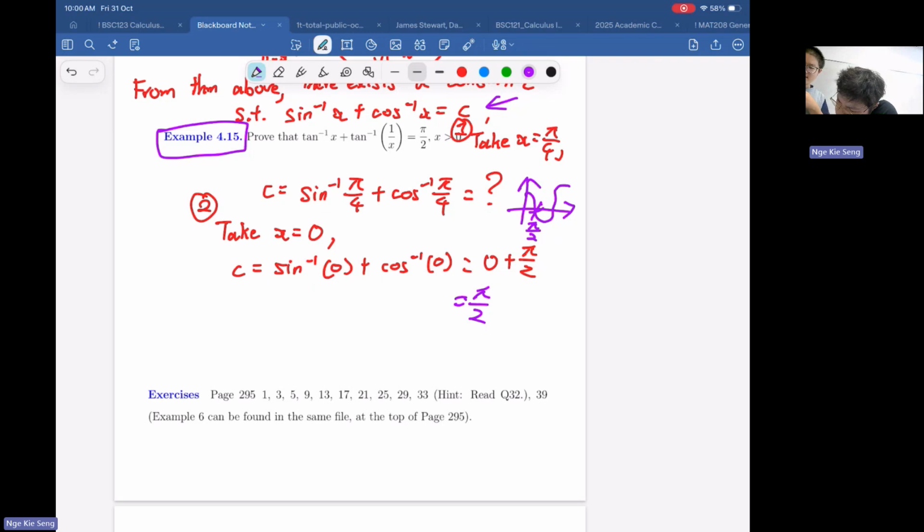It only has one solution. Why? Because the range of y and y2 is this.